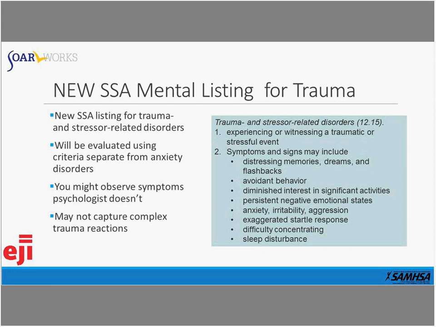Sometimes you can assist the psychologist in seeing patterns of difficulty in the client's life, and also describe them in the MSR, if the client is not meeting the PTSD criteria.